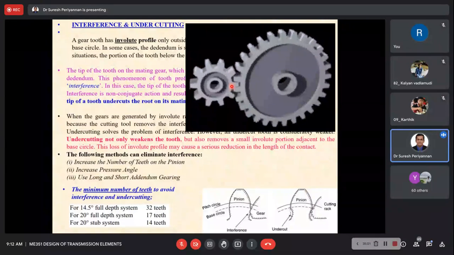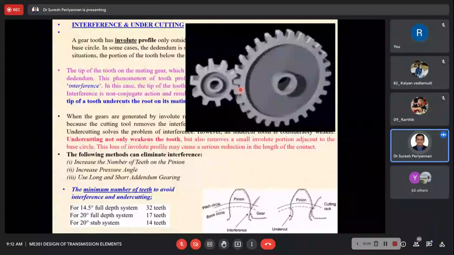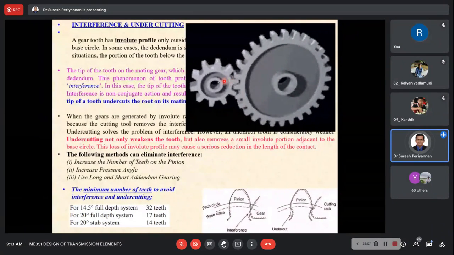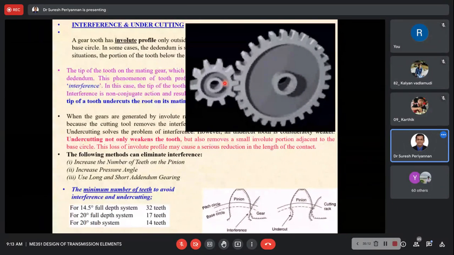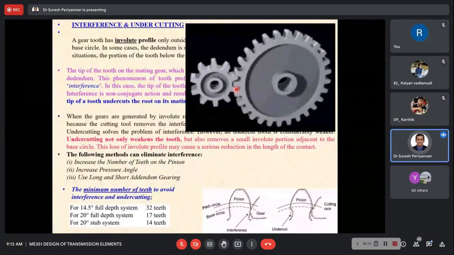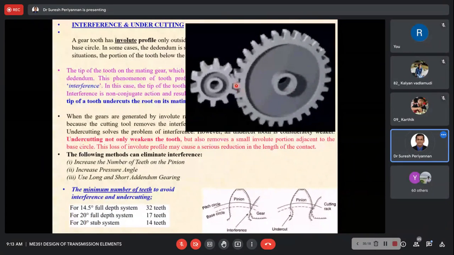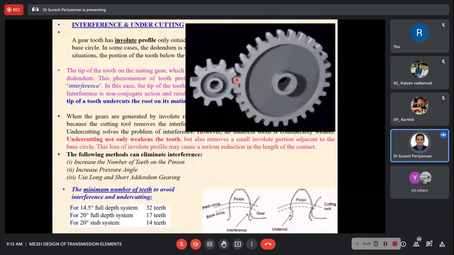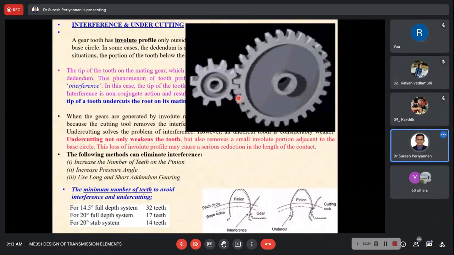That is arc of approach before contacting. For example, take the pinion teeth: before touching or meshing with the gear teeth, how much distance does it travel on the pitch circle? That is arc of approach.